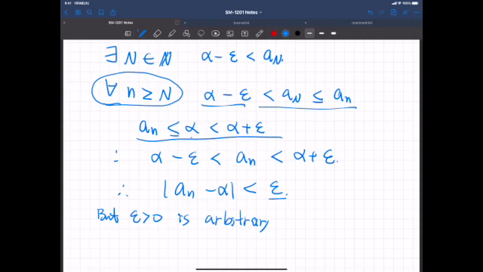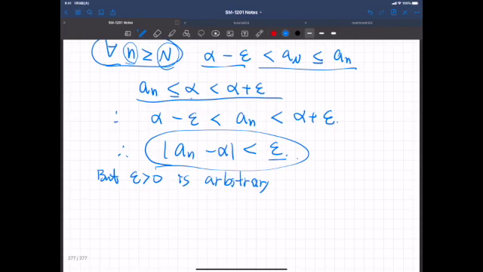So for any positive epsilon, there exists some natural number N such that for all natural numbers n greater than or equal to the capital N, we have this inequality. So that means nothing but a_n converges to alpha.